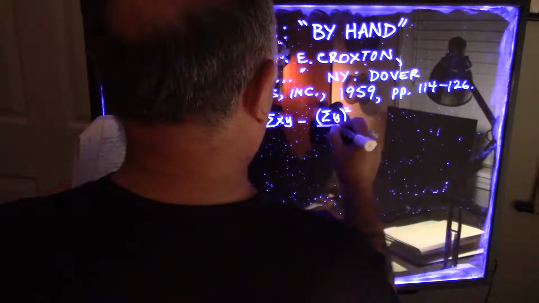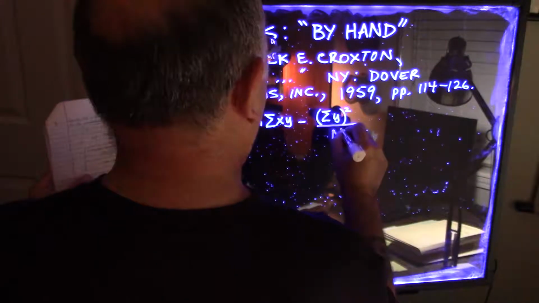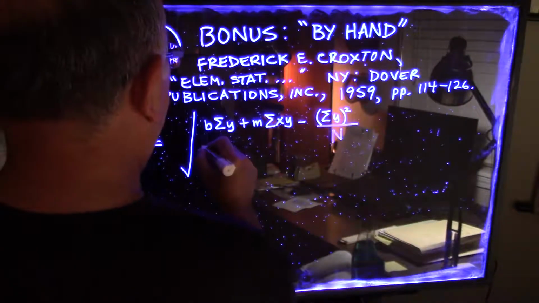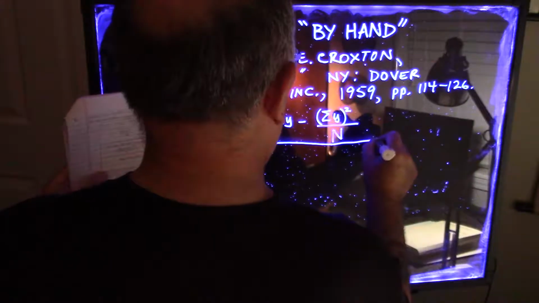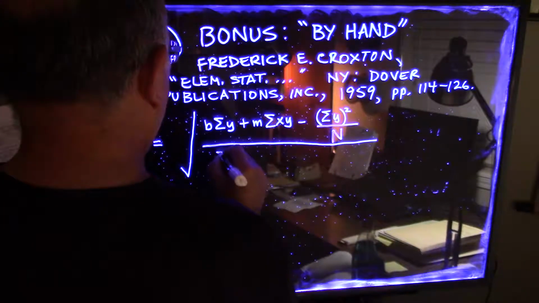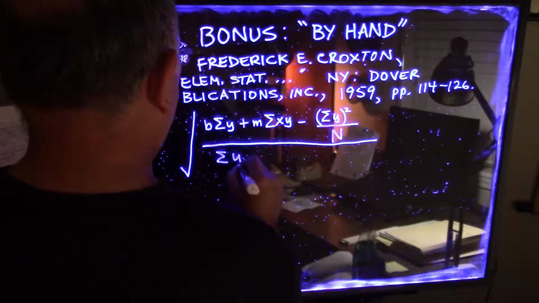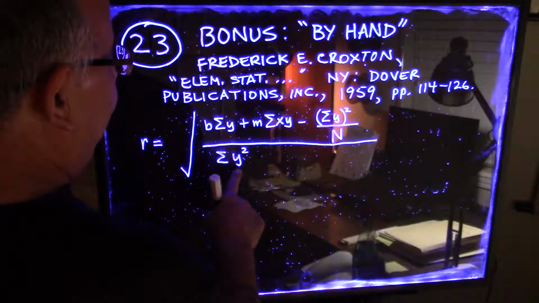Over, we have fractions inside fractions here, n, which was 10 in this problem, because we had 10 data points. And that's all over the sum of the y squareds. Now here, you square each y in this one, and then you add them all up.